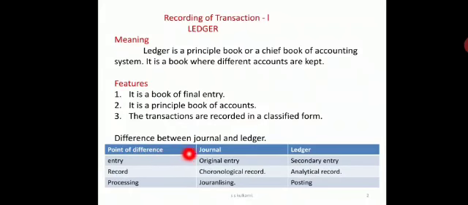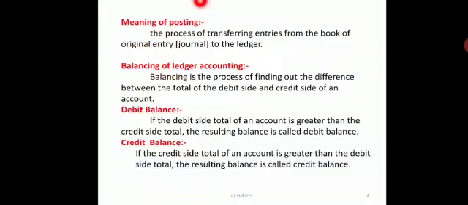That's why the process of transferring the journal entry into the ledger is treated as posting. The meaning of posting is the process of transferring the journal entries from the book of original entry, that is the journal, to the ledger. So whatever entries are in the journal have to be later transferred to the respective ledgers. That process is called posting.